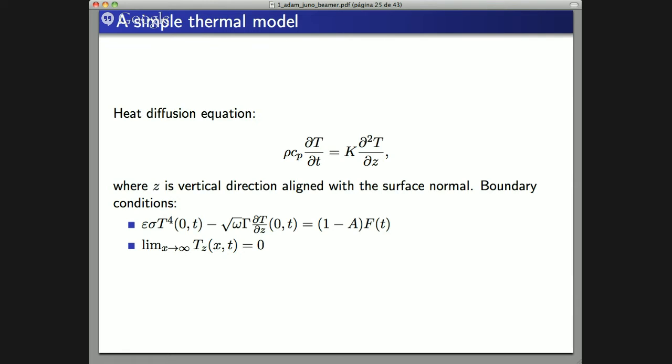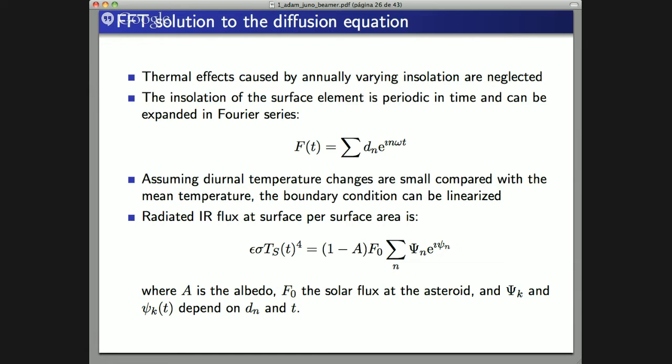So we can solve this using finite difference. We usually solve this using the finite difference method, but we can also solve this using fast Fourier transform because the insolation of the surface element is periodic.